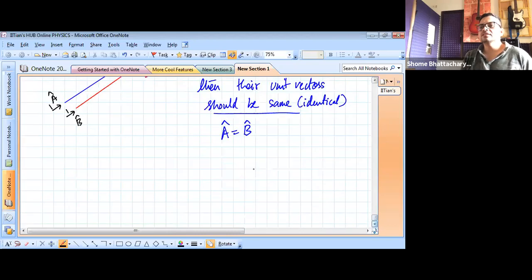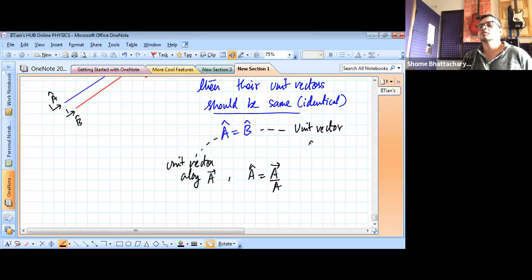So A cap is the unit vector along the vector A. In other words, A cap is nothing but the vector A divided by its own magnitude. Similarly, B cap is the unit vector along the vector B, which we can calculate by dividing B by its own magnitude. Now suppose A and B are two vectors which are mutually parallel.